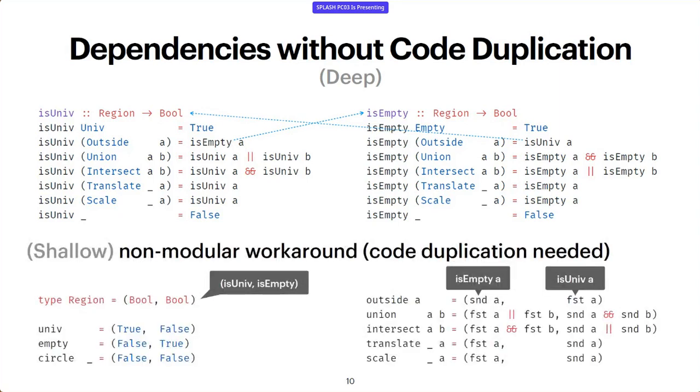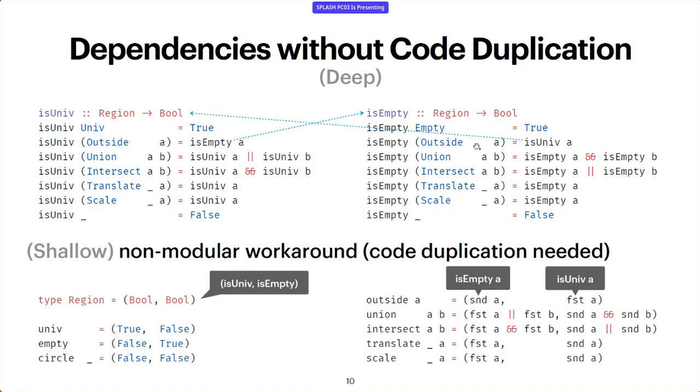Actually, the definition is straightforward in the deep embedding. But the tagless final and polymorphic embeddings are more like the shallow embedding, in that we have to use a non-modular workaround. Here, we define the region type as a pair, where the left-hand side represents isUniv and the right side isEmpty.